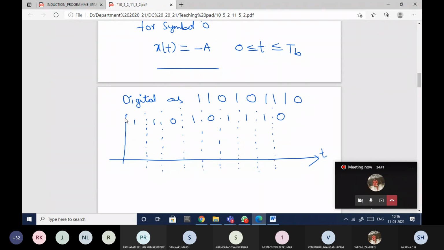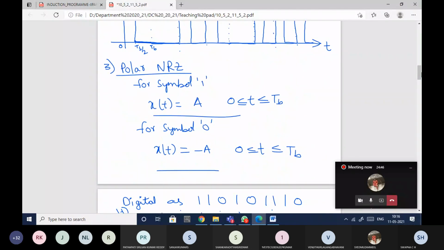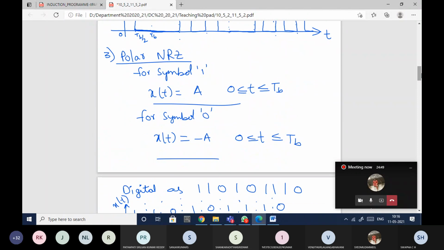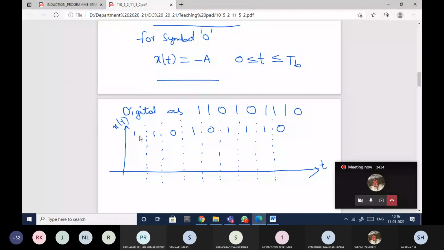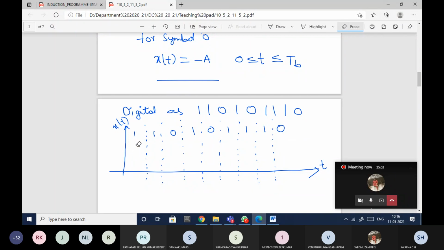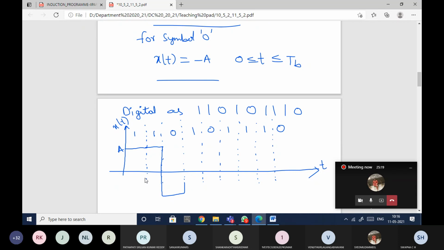This is t and this is x of t. So from the format we know that if the symbol is 1, then x of t should be A, and if the symbol is 0, x of t should be minus A. Here if you observe, it is 1, so I'll have plus A. Again I have got 1, so it is A. I have got a 0, so 0 is minus A, so the representation will be in this way.